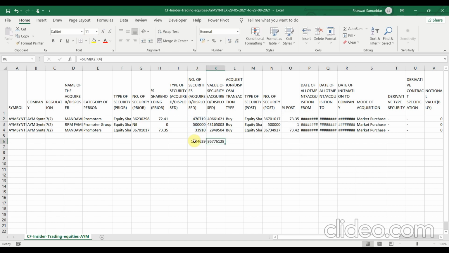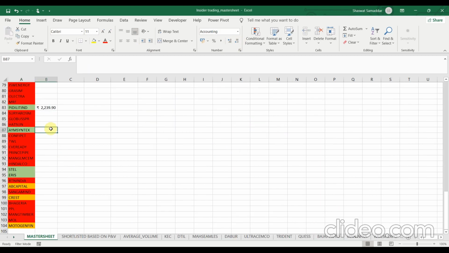Yeah, so this is the total value of security right here, and this is the total number of security. To reach the average price, we just need to divide this total value of security by the total number of security, and here we have the average price at which the promoters entered. Let me just decrease the number of zeros. So it is 86.38 rupees. So I'll write that down.